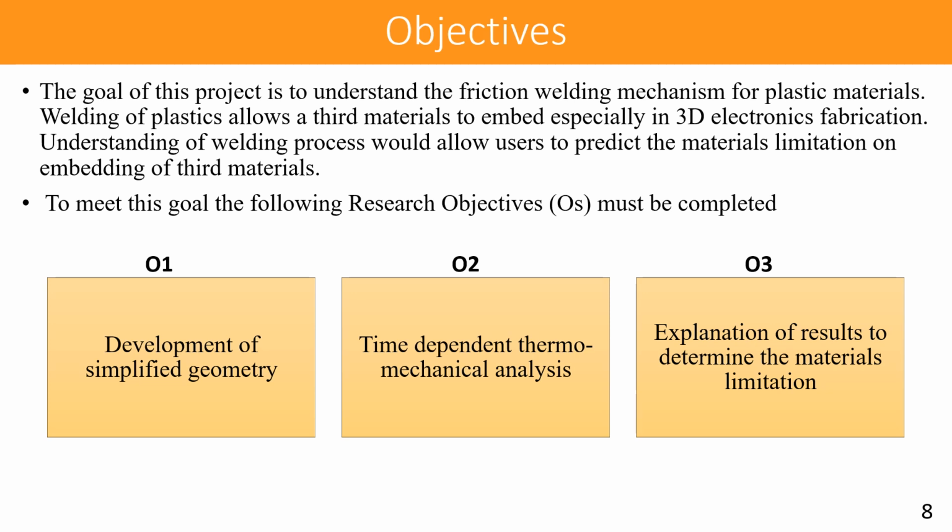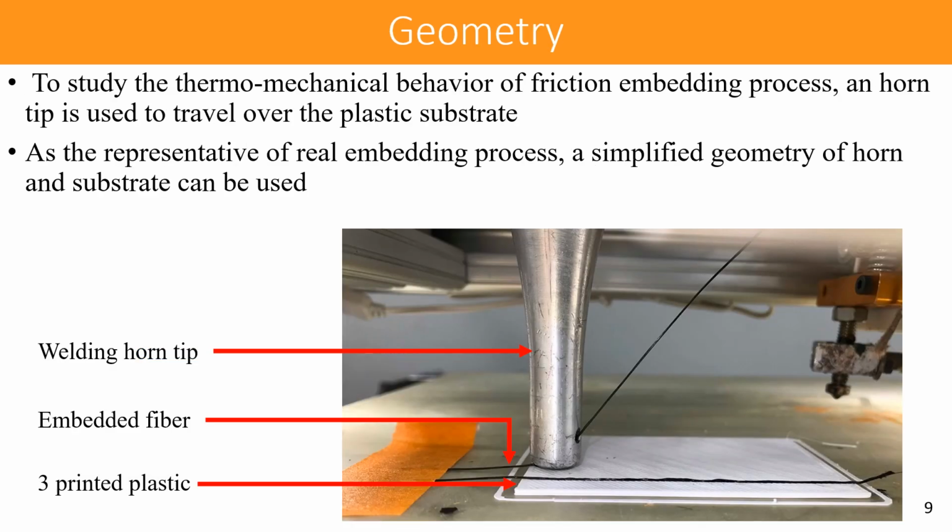That means one of the objectives is to see the change in the parameters with time dependency, and then the explanation of the results to determine the materials limitation. These are the objectives I would like to accomplish throughout this project.